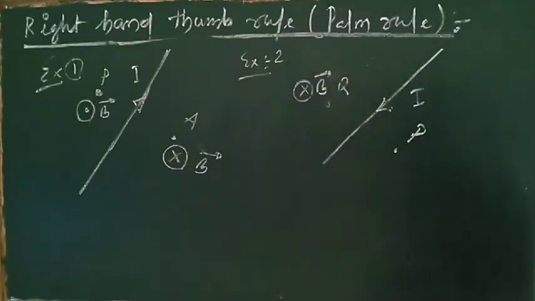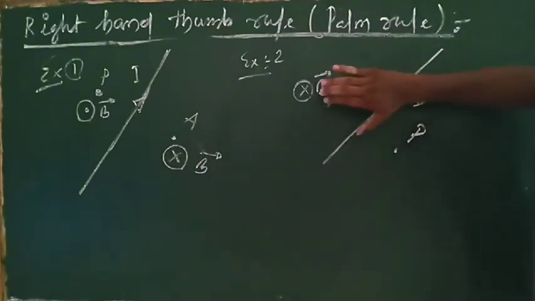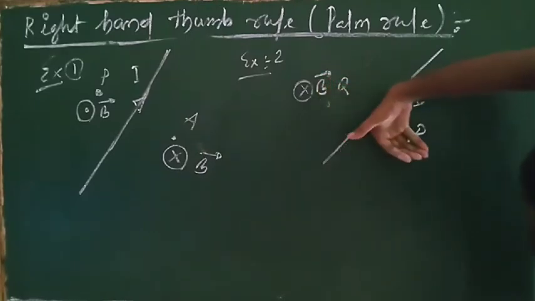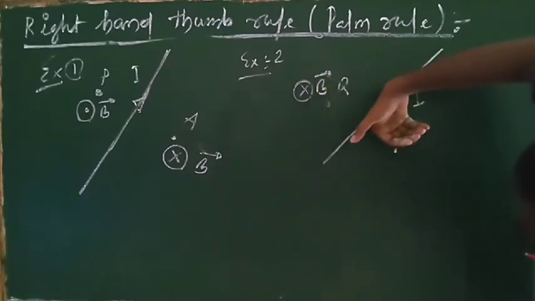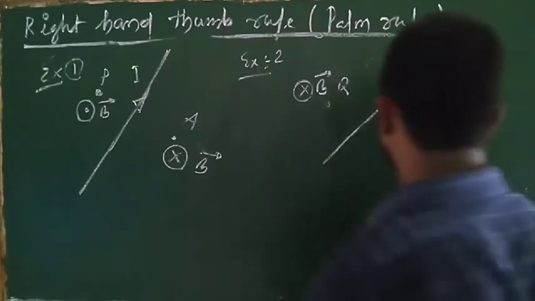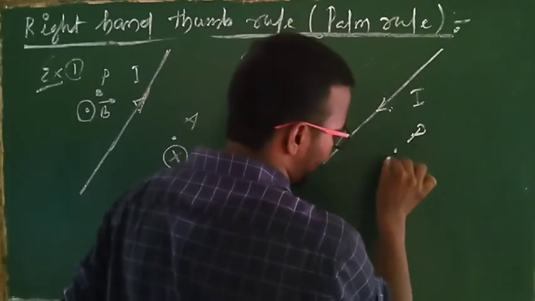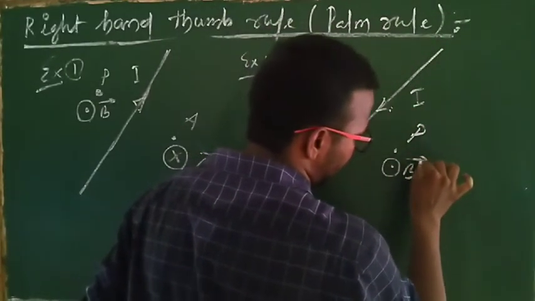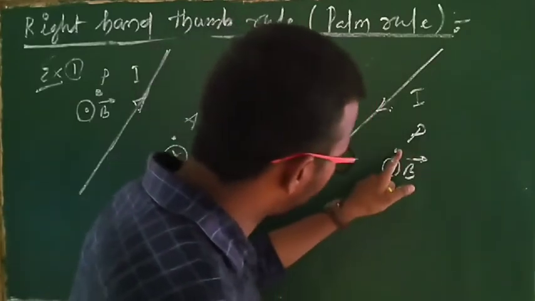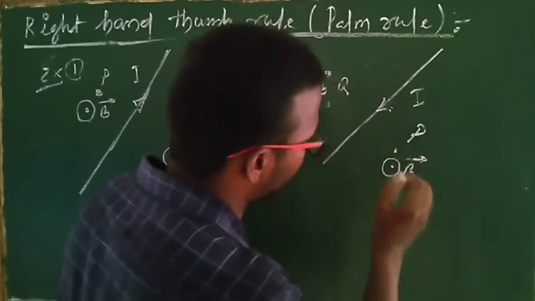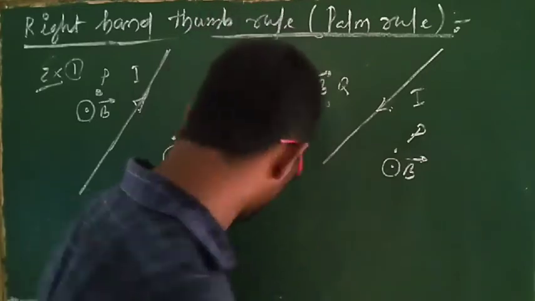But at point P, what is the direction of magnetic field? This is the direction of current, and this is the direction of magnetic field. So at point P the magnetic field B is outward and perpendicular to this board.